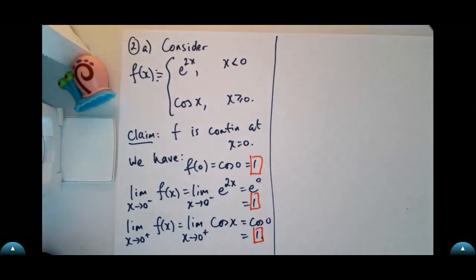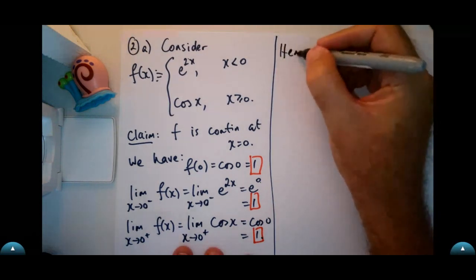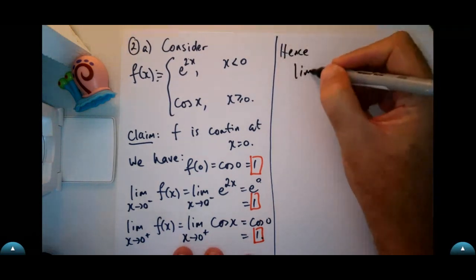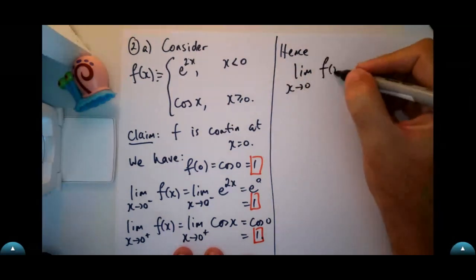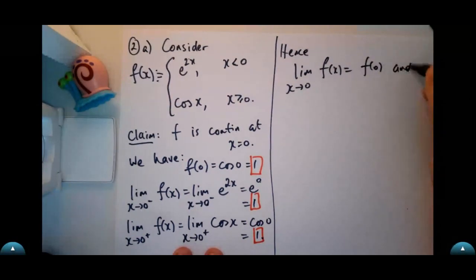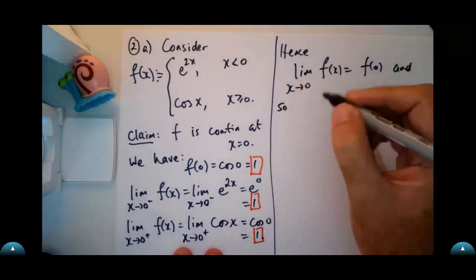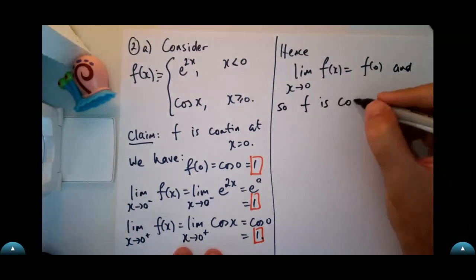So now mathematically, from a calculus point of view, we are convinced that this is continuous at x equals 0. And so let's make a final line here.